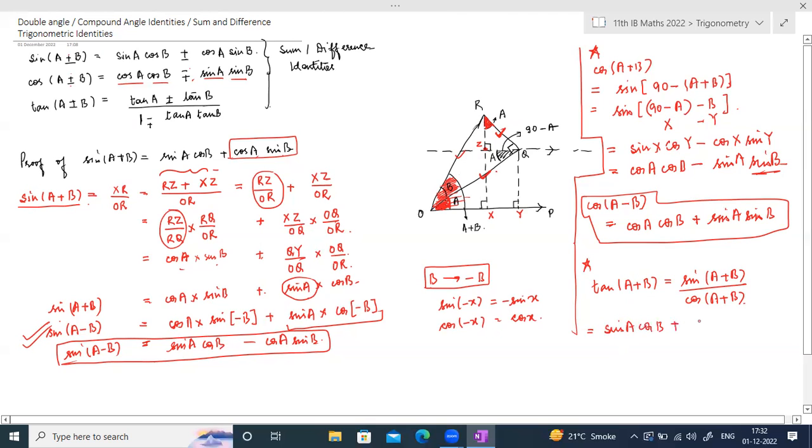Sin A cos B plus cos A sin B, divided by cos A plus B, which is cos A cos B minus sin A sin B.